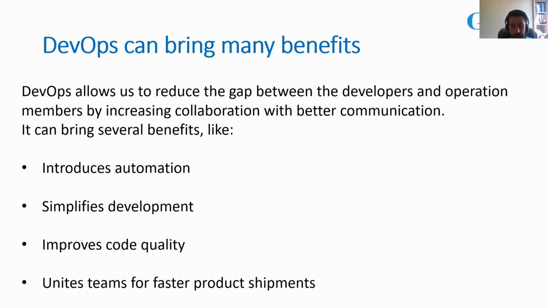And that brings us to the topics that we discuss here: the automation, the development simplification, code quality, okay, because you're focusing on deploying your code or coding your application instead of having to bug someone else for something you need, and that also unites your teams for faster production shipments.